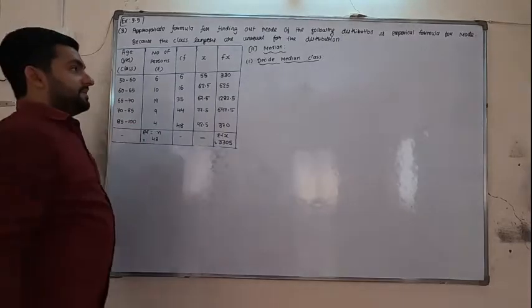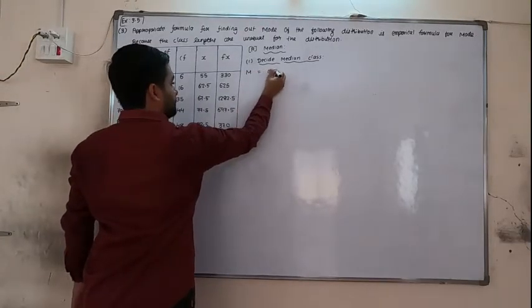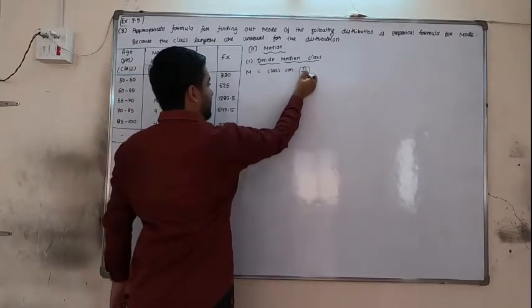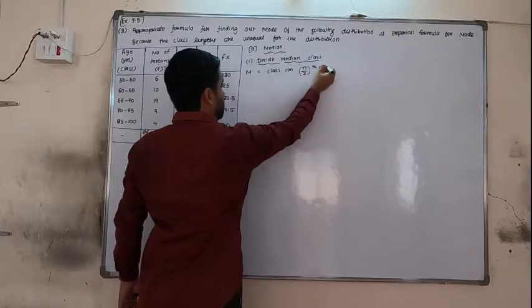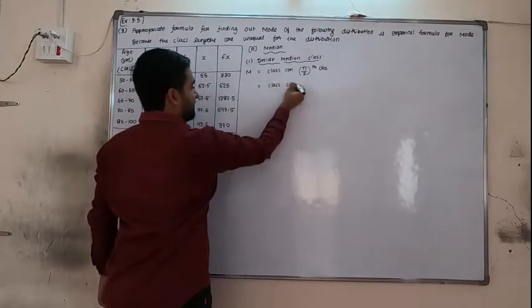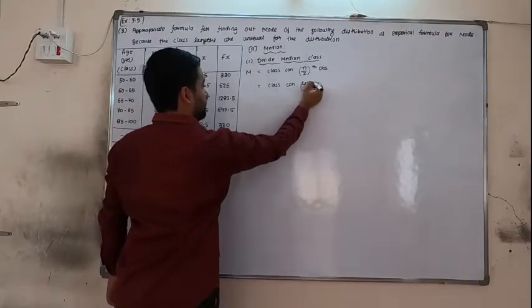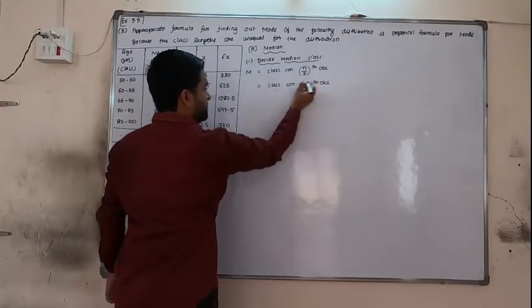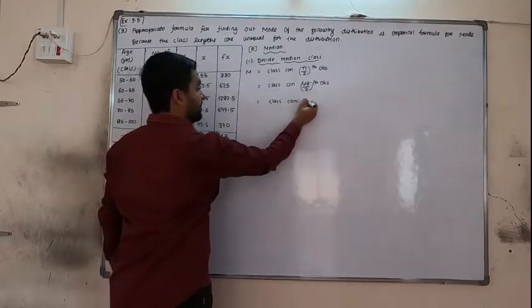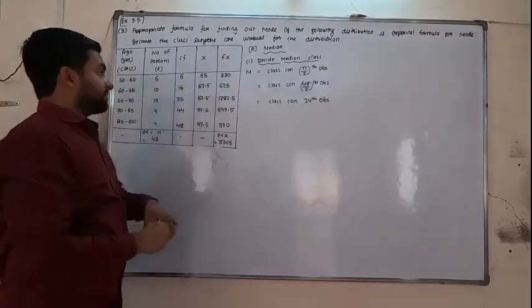The median class is the class containing the n by 2 observation, that is 48 by 2, the 24th observation.